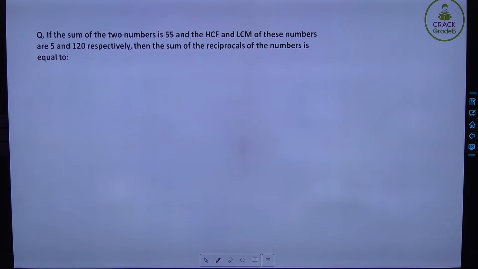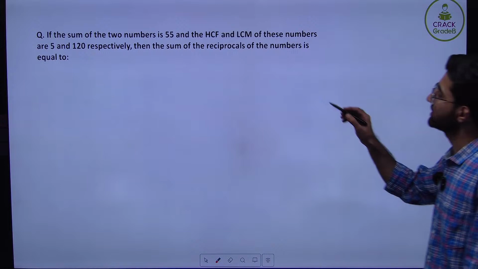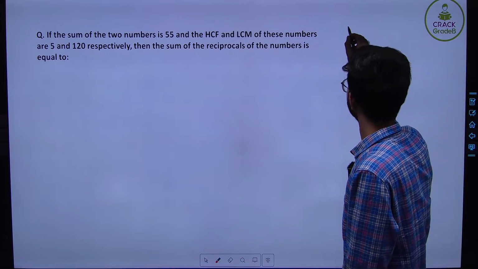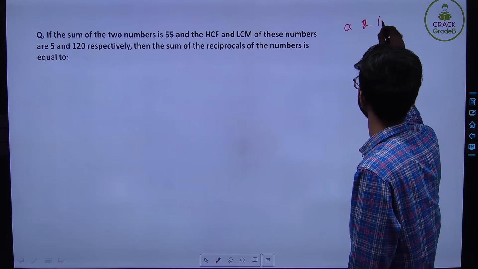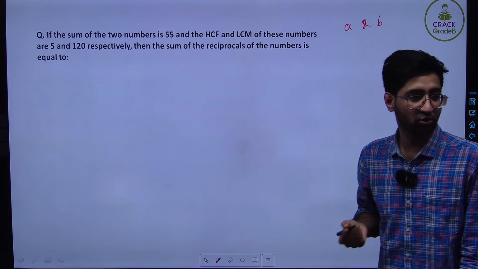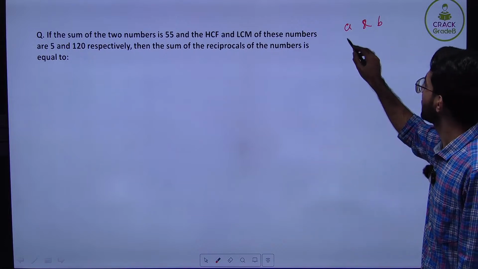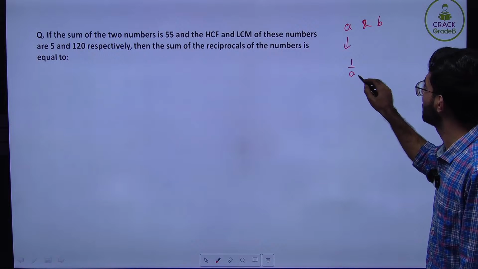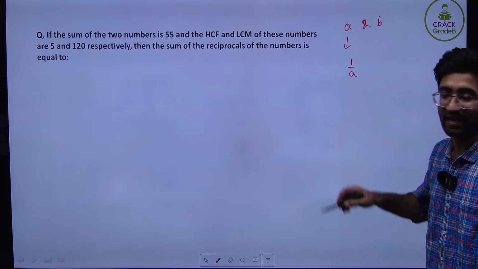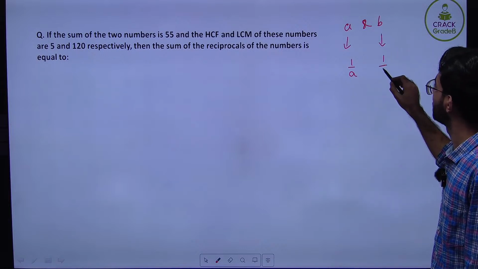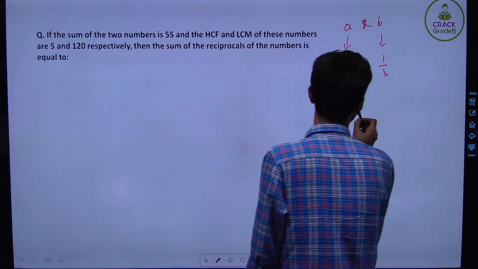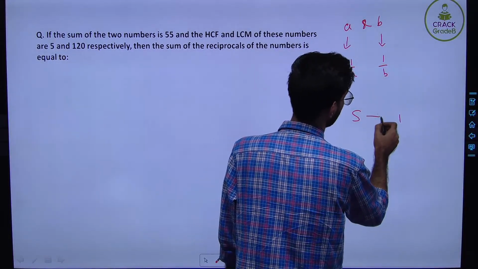Okay, reciprocal. I will tell you. See, if you assume that those two numbers are A and B, what is the reciprocal of A? 1 by A. And what is the reciprocal of B? 1 by B. If I say 5, the reciprocal of 5 is 1 by 5.